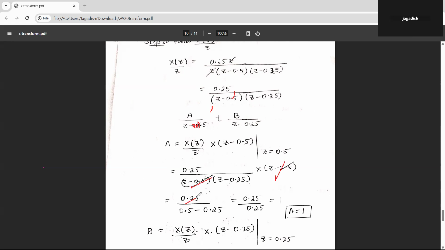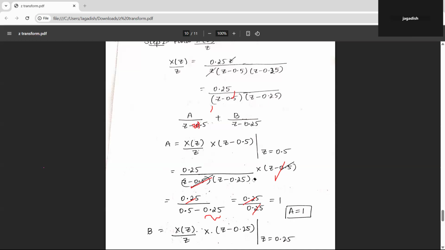So 0.25 divided by (0.5 minus 0.25), which is 0.25 again. So 0.25 and 0.25 will get cancelled, and 1 will be the answer. A is equal to 1.